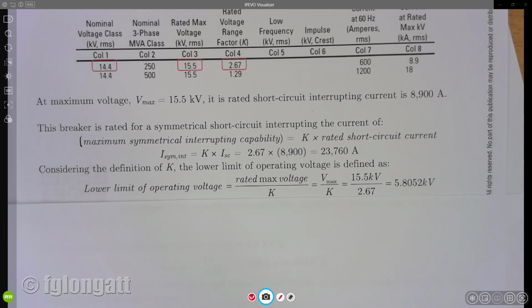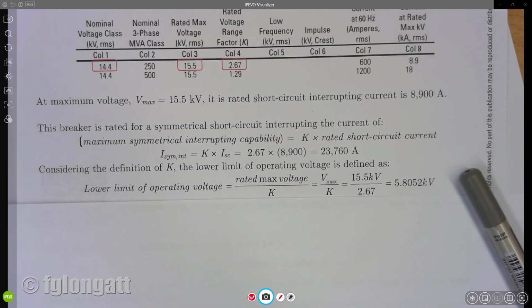Using the definition of the voltage range factor K, we divide 15.5 kV by K, that is 2.67, and we obtain that the minimum voltage at which it is possible to use this circuit breaker is 5.8 kilovolts.